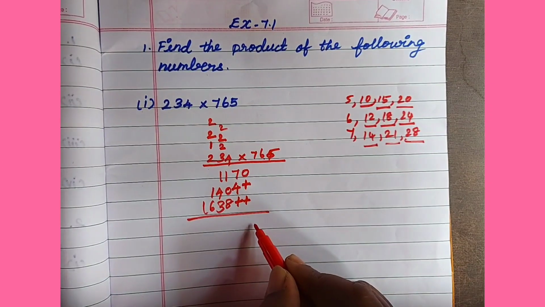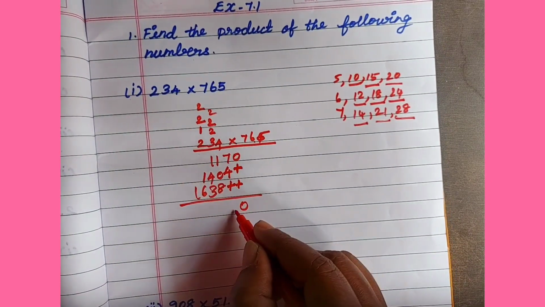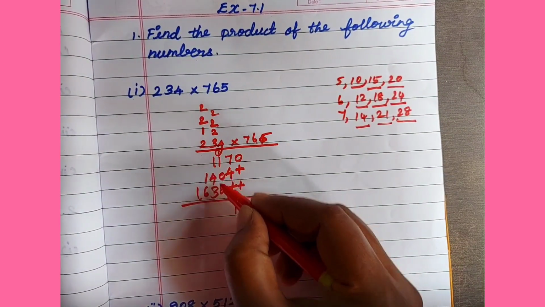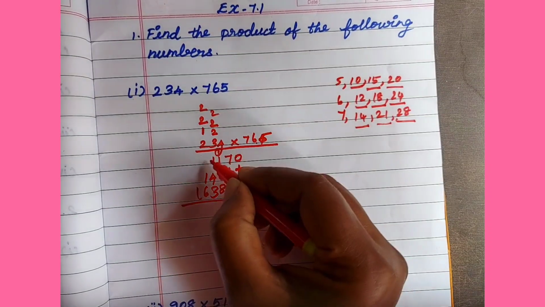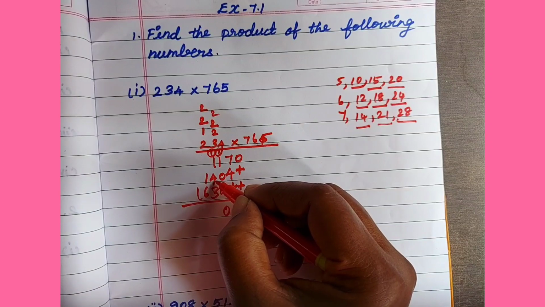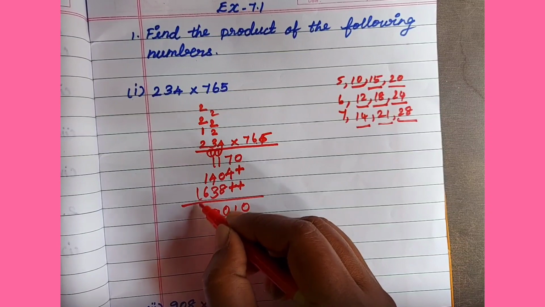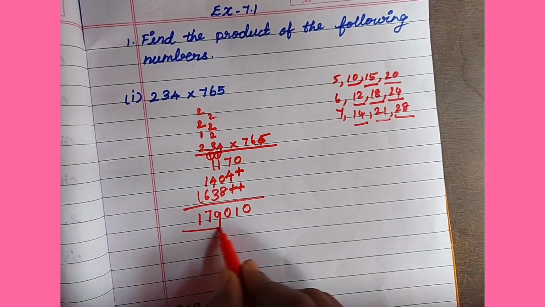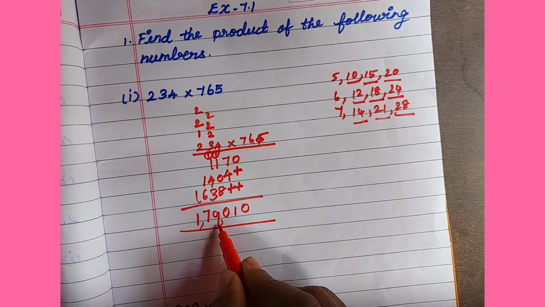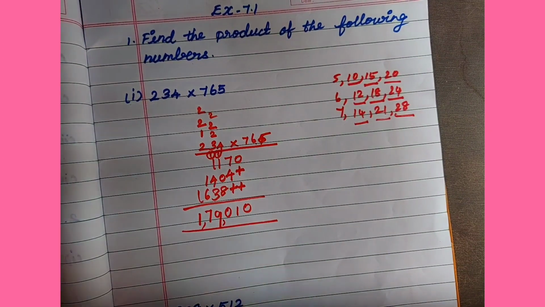Now add the values. 0. 7 plus 4 is 11, carry 1. 1 plus 1 is 2, 2 plus 8 is 10, gives 0, carry 1. 1 plus 1 is 2, 2 plus 4 is 6. 6 plus 3 is 9. 1 plus 6 is 7. Last value 1. So the answer is 1,79,010 only.